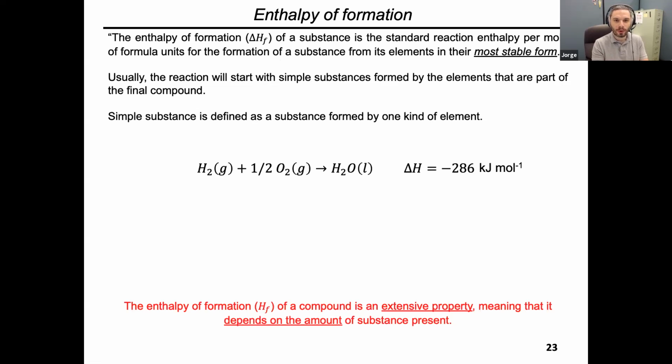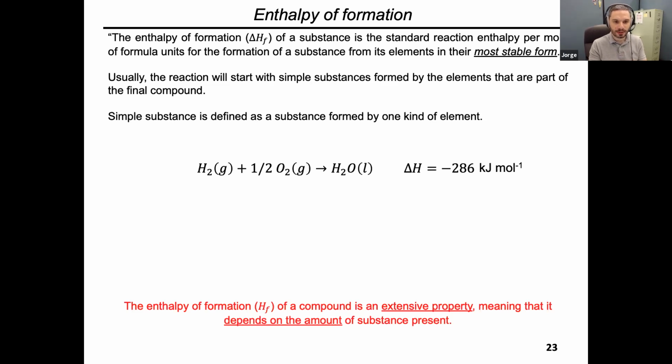Usually, when we have a reaction that starts with simple substances formed by the elements that are part of the final compound, we say that the reaction is correlated to the enthalpy of formation.